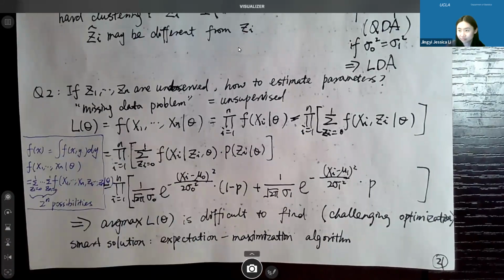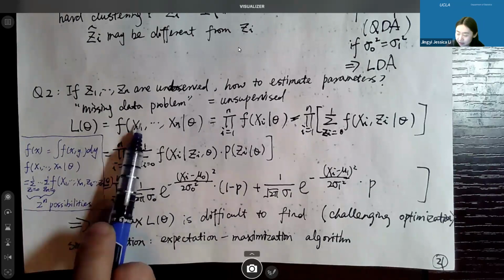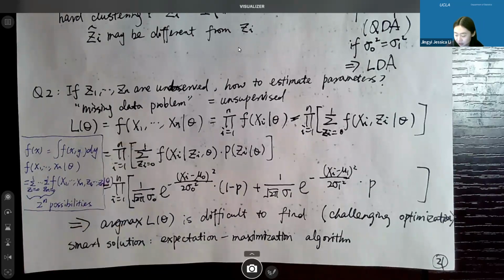That's the problem. Another way to think about this problem is that if we can obtain some relationship between that easy problem we already solved, the complete data MLE, and our missing data problem, if we can make the connection there, then probably we're okay.